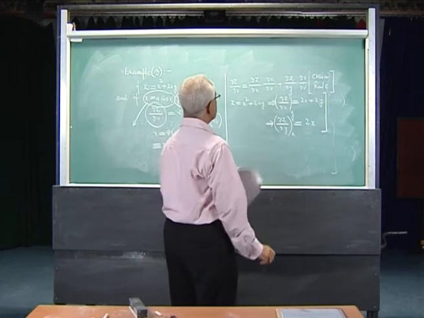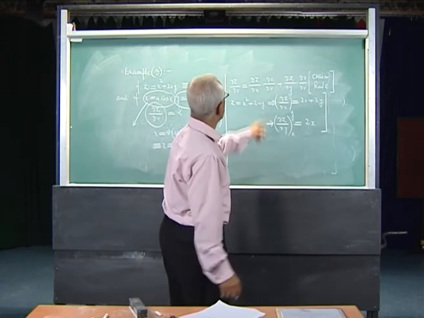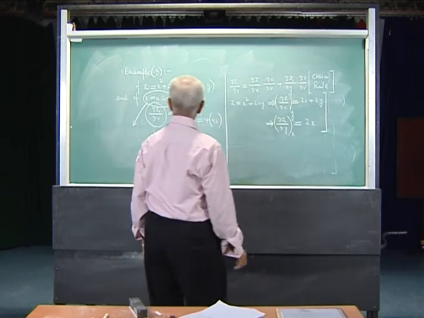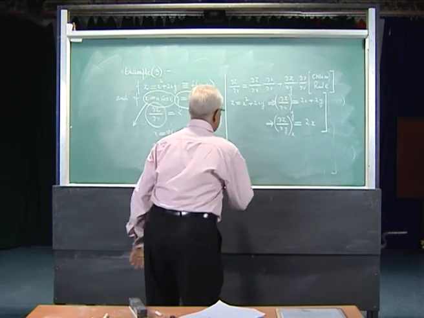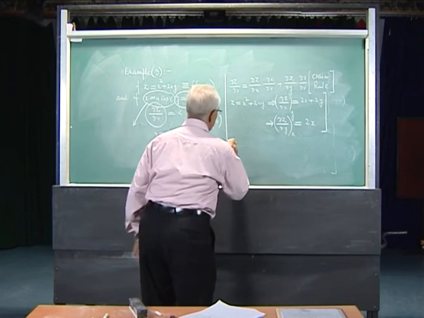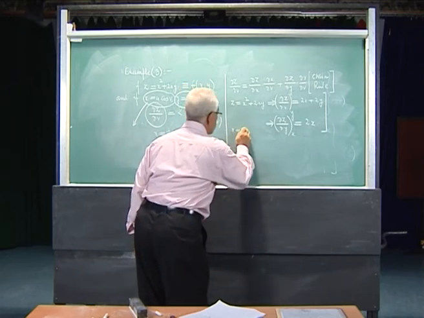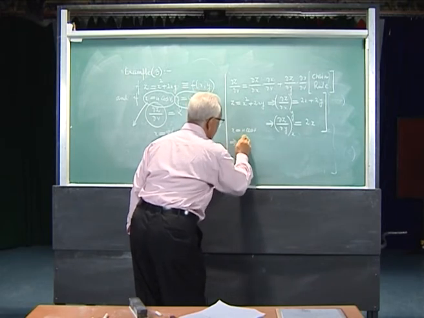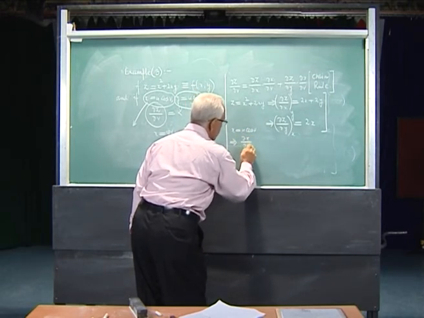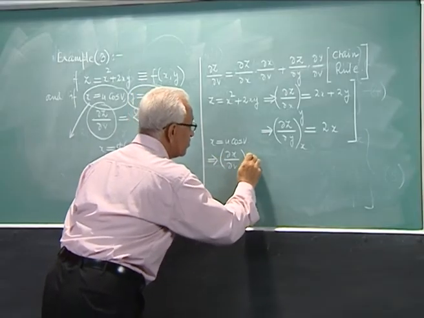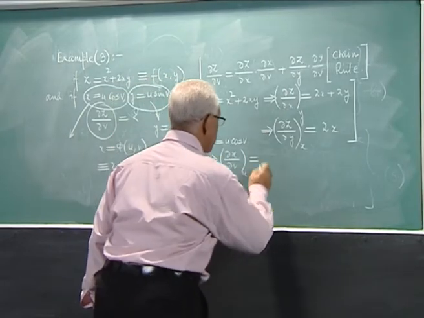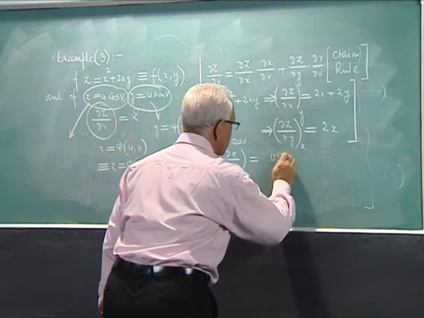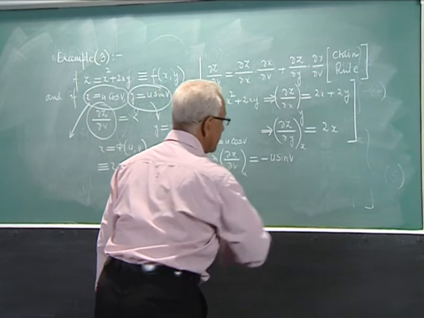Now, we come to the second part: I want to find the partial derivative of x and y with respect to v. So, dx dv, from x is equal to u cos v, will imply dx dv keeping u constant. So, we will be having u and this will become sine of v with a negative.